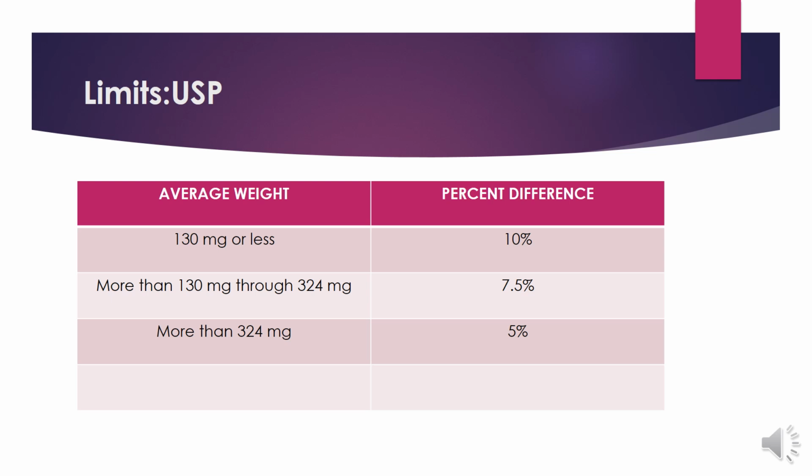Similarly, if the tablet has a weight more than 324 mg, the allowed percentage is 5%. So at least 18 must be within that plus minus 5% range, and the remaining two, as discussed earlier, should be within the double of it.